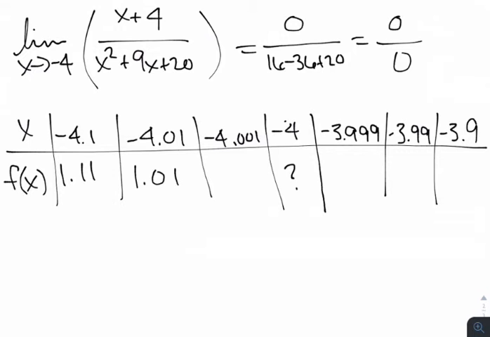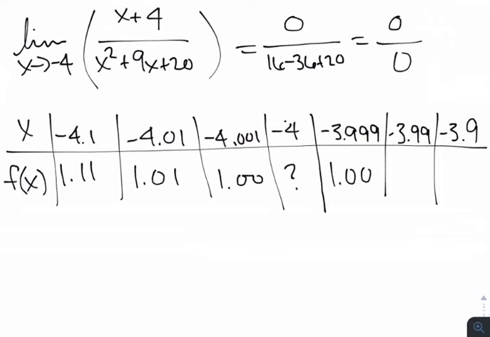And then you divide that by negative 4.001 squared, and then you add that to 9 times negative 4.001, and then you add 20 to it. So it comes out to 1.00. Then you need to do it on the opposite side. And we can pretty much assume that this is going to be 0.100.